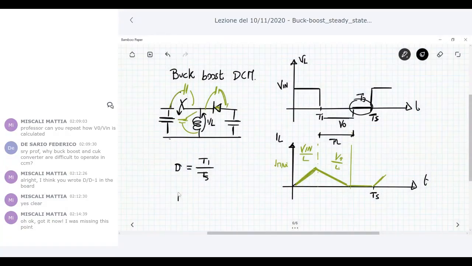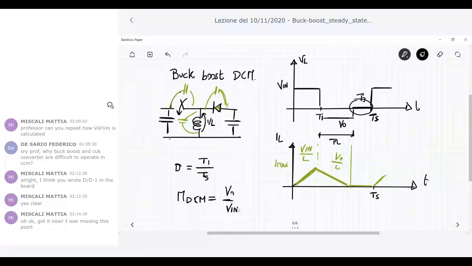The goal here is to derive M DCM, which is V0 over V in. We know that this parameter should be negative because V0 is negative in buck boost, but we have to derive it. It's not the same as the M CCM we derived in continuous conduction mode.